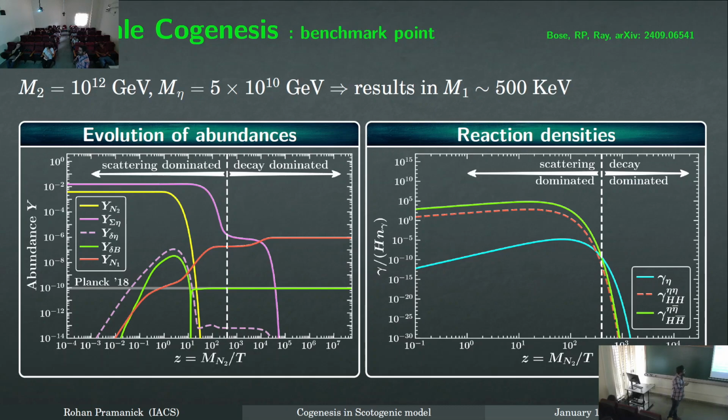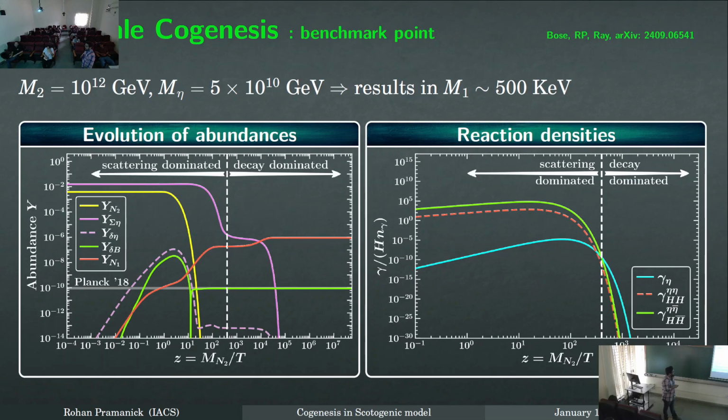As this N2 decays, the difference between the baryon and anti-baryon abundance starts to increase. So this green line increases, and after most of the N2 has been depleted, this number density freezes, as we saw earlier, and it saturates the number that Planck has observed, and this gives rise to the visible sector.